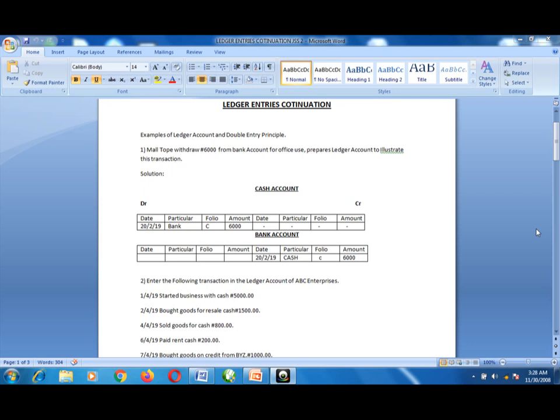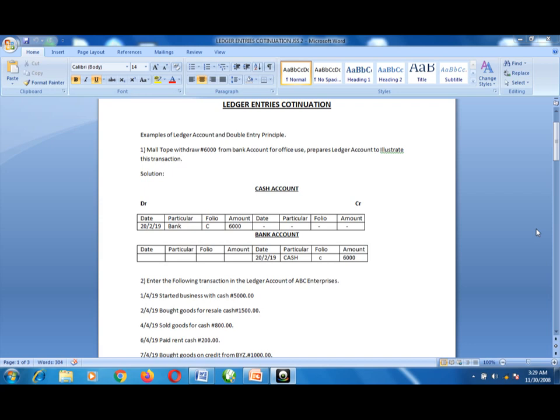It may be your money, you may withdraw it from the bank, or you may borrow it, as well, it may be a loan. So when you are to prepare the account for Madam Tope, you open cash account. I have told you last week that when you are receiving money, you debit that account. When you are paying, you credit that account. You debit the receiving account while you credit the paying account.